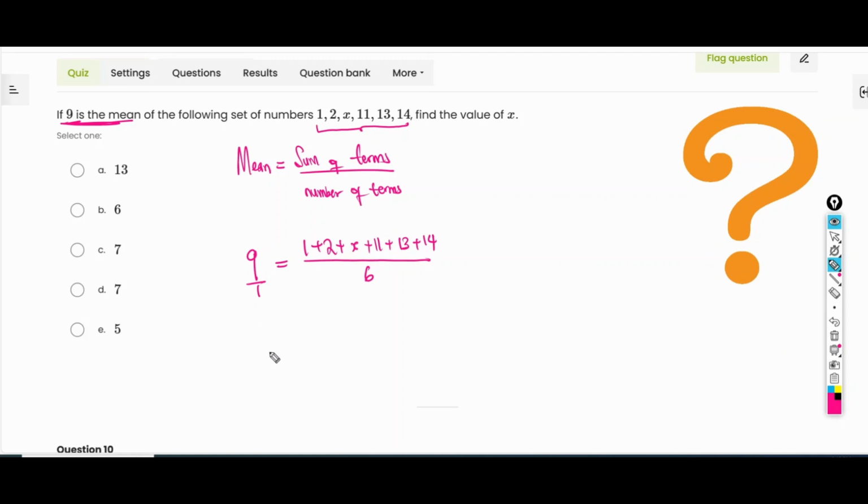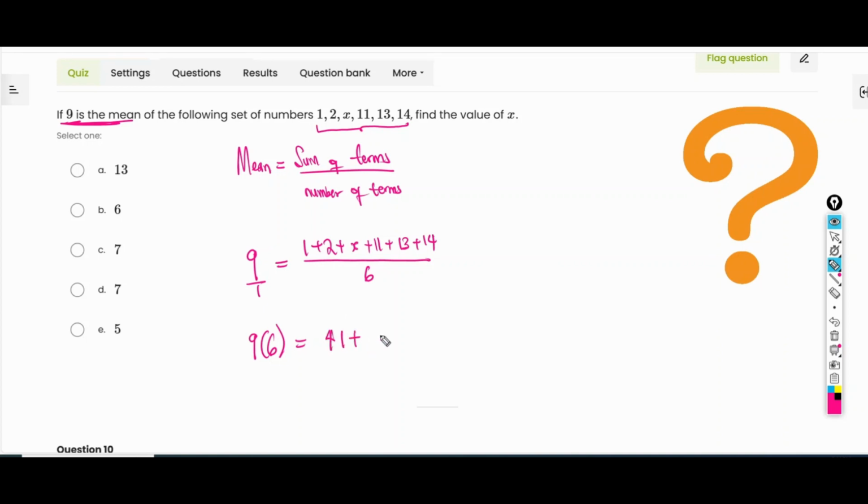If I cross multiply, I will have 54. That's going to be 9 times 6, is equal to, if I add up all of this, 1 plus 2 is 3, 3 plus 11 is 14, 14 plus 13 is 27, 27 plus 14, isn't that 41?